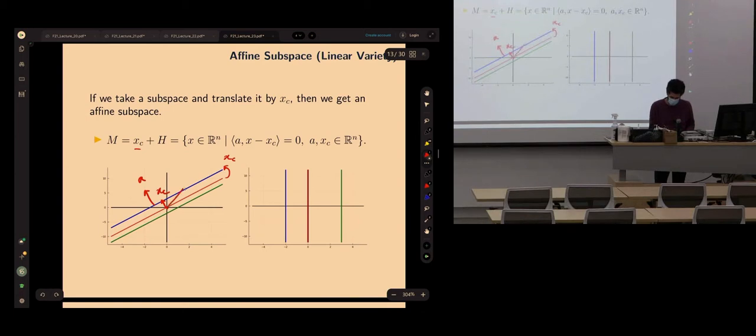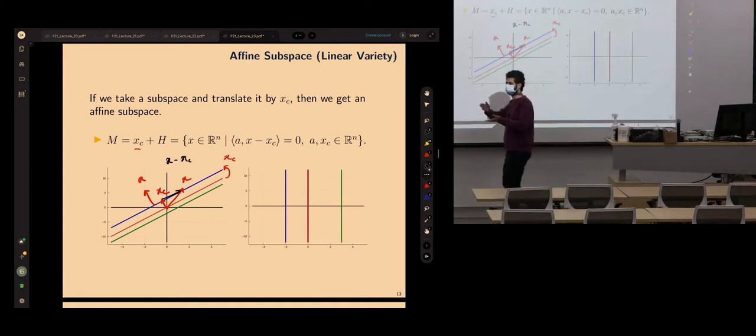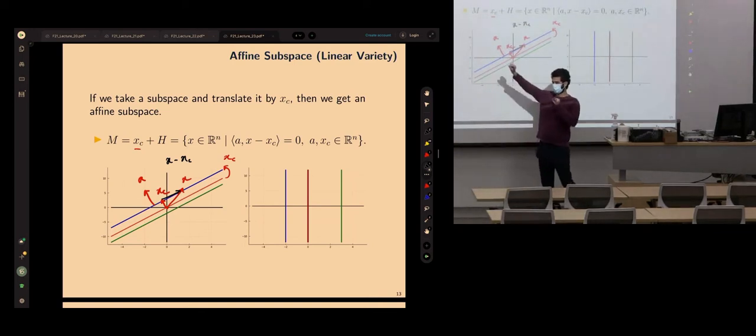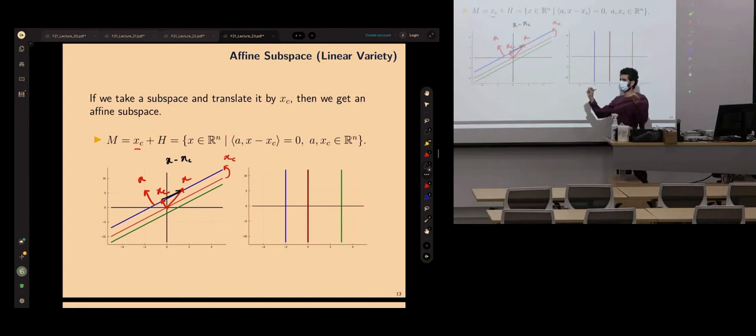Pick an arbitrary point, such as x, on the line or hyperplane. Then to get this vector that lies on the hyperplane, we need to talk about x minus xc, right? Otherwise, it doesn't make any sense. It's translated. So pick any vector or point on the plane, then we need to talk about this difference.